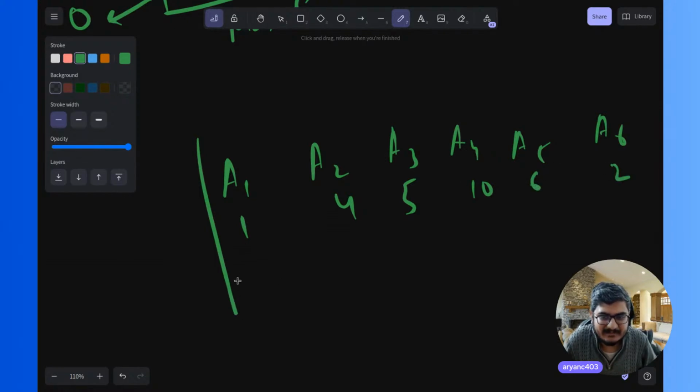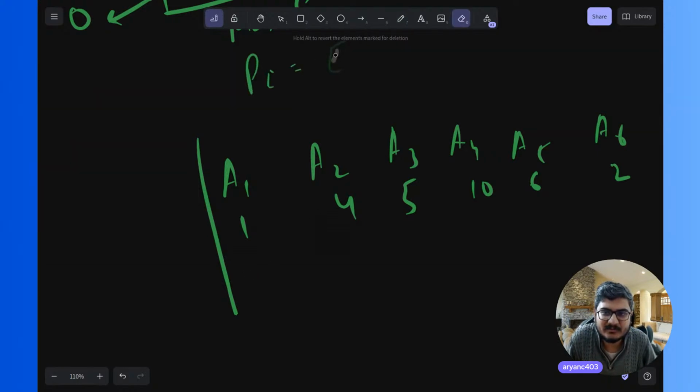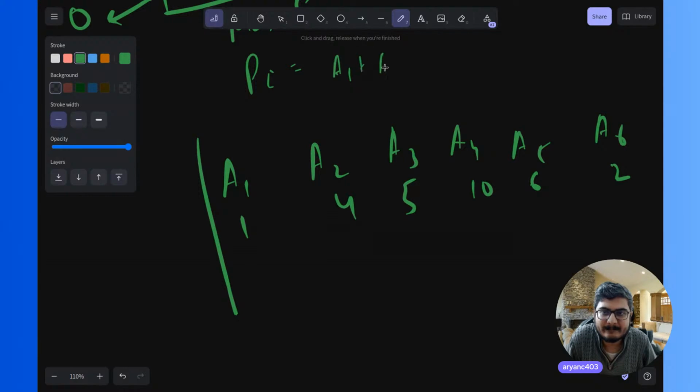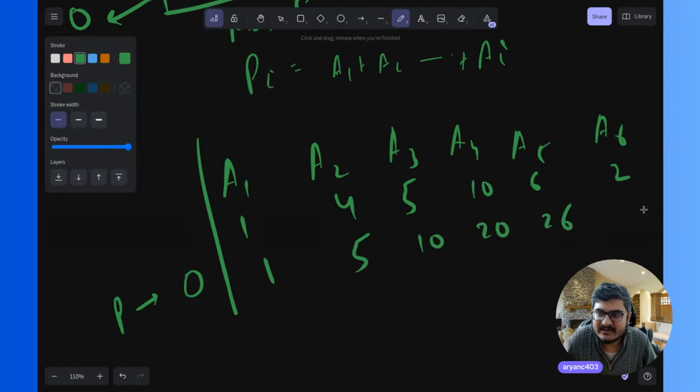Then we define a prefix sum array where the value of p_i is the sum of numbers up to a_i. So our p array would be p0 = 0, 1, 5, 10, 20, 26, 28.